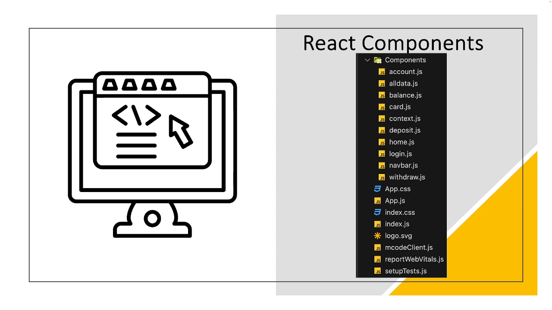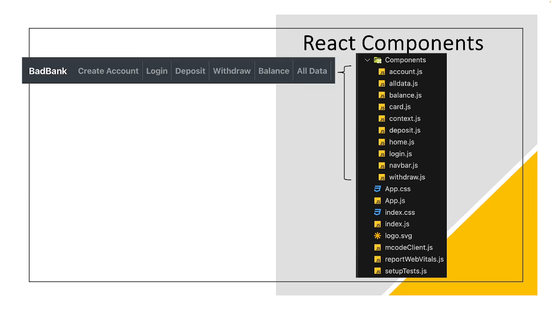This here is a list of all the components within that client folder, which includes the navigation bar and not only the nav bar items, but like I said, the functionality of each form. So being able to type into a text field and actually submit something. This is all the code that makes the nav bar run.